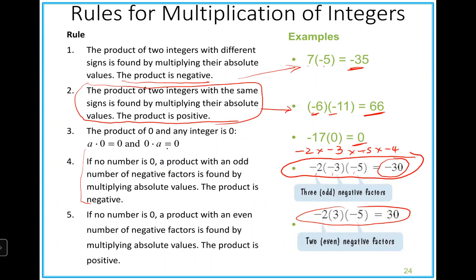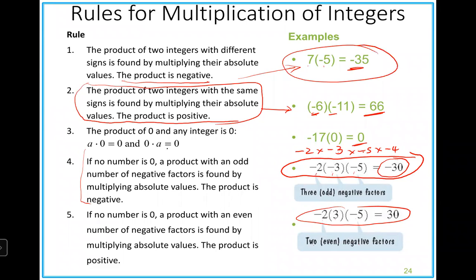Where we are here, where we talk about rules for multiplication of integers. Okay. So the first one says if the two numbers have different signs, the answer will be negative. That's the first one.